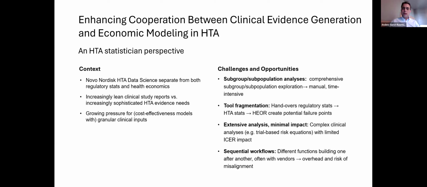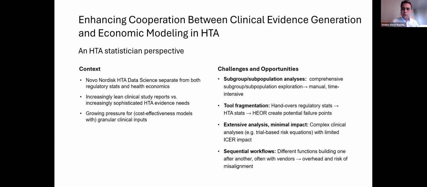dossier. So I think what we saw in the past, when the push for faster timelines was less, was that more was done on the regulatory side before handing over to those doing the HTA type work. Whereas nowadays, what we see is increasingly lean clinical study reports, and regulatory statistician teams that are solving more narrowly for the problems they encounter when doing regulatory work.